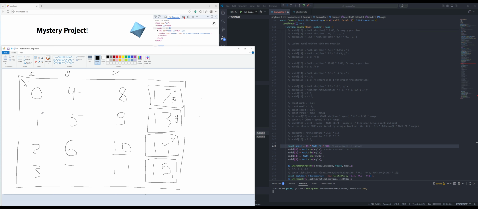Wait a second. If we think this way, that is y axis, and we're rotating around this axis. Oh, wait a second.